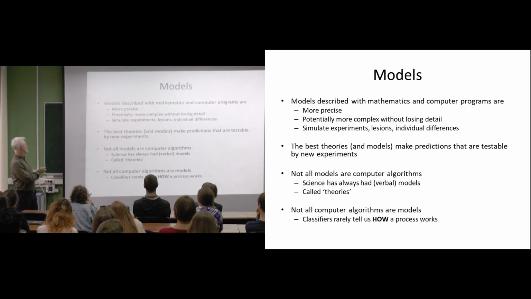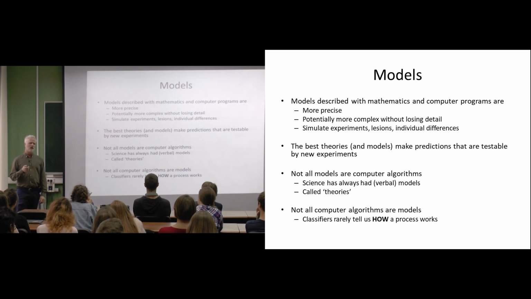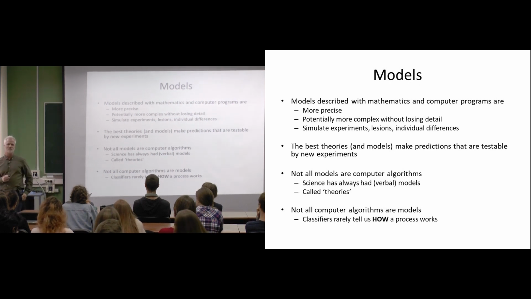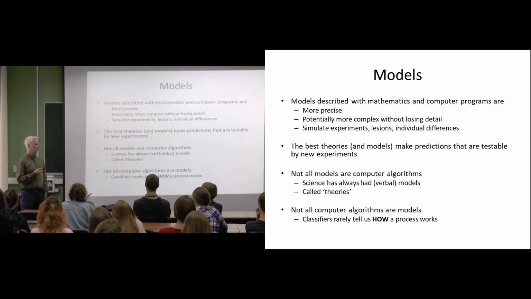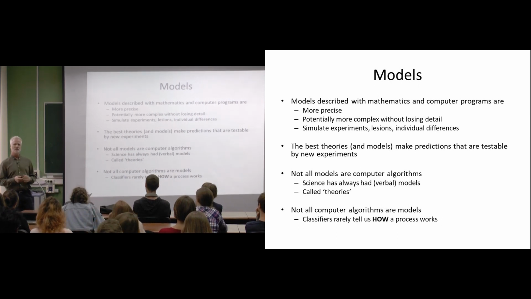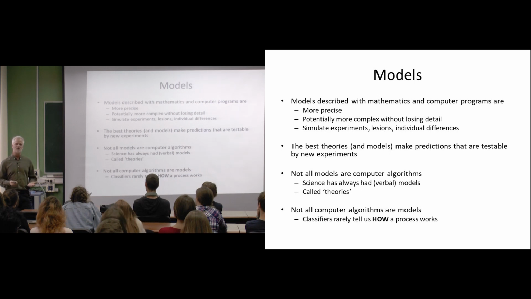The best theories and models, I actually put these on the same level, a theory and a model, because I see a model as an instantiation of one of the current theories. Not all models are computer algorithms. In fact, we have had a lot of really good theoretical models over the years and over the decades. Any attempt to build a cohesive understanding of an aspect of a field is a theory, and they don't have to be computational.